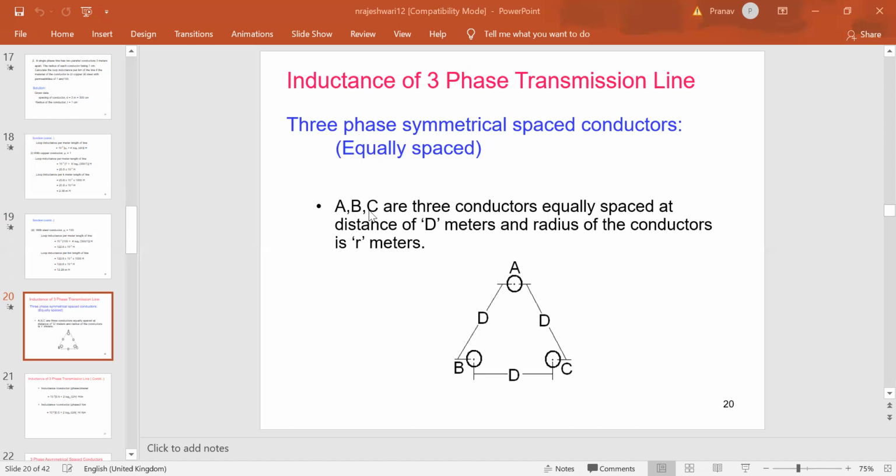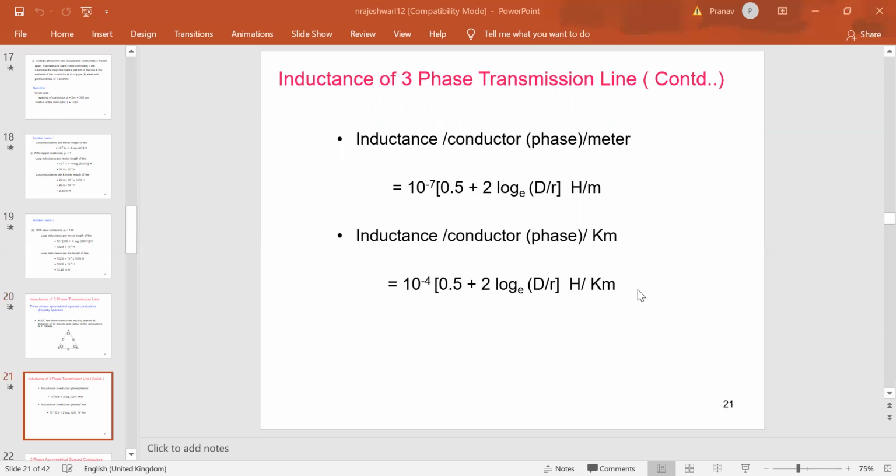Capital A, B, C are the three conductors equally spaced at a distance of D meters, and radius of the conductors is small r meters. So these are the distances between A, B, C. Capital D is the spacing between the three conductors, which are placed at the same distance.